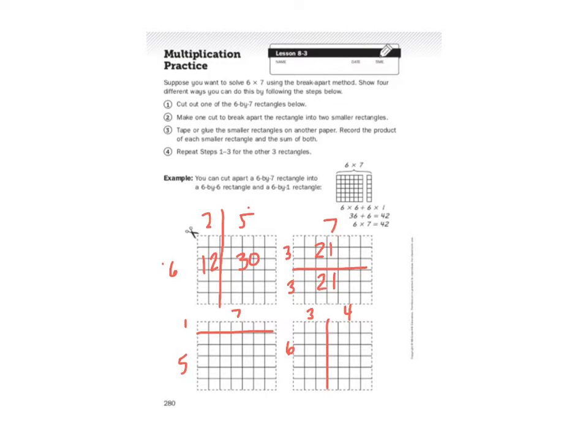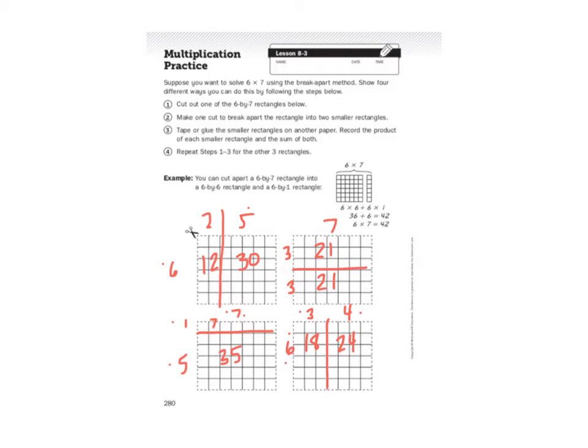For this bottom one, 1 times 7 is just 7, and 5 times 7 is 35. 35 plus 7 is 42. And then finally, I have 6 times 3, which is 18, and 6 times 4, which is 24. And when I add 18 and 24 together, I also get 42.